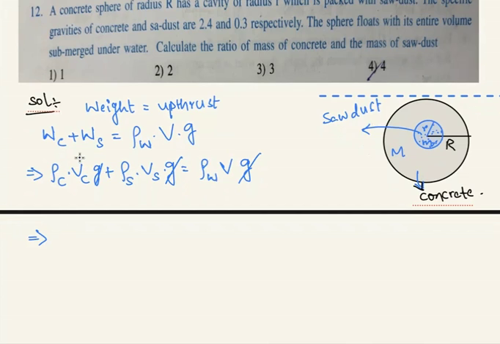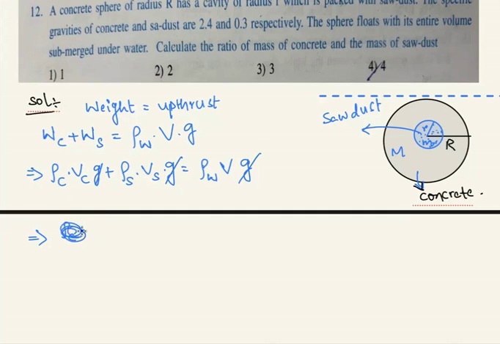Okay. కాబట్టి ఏం చేస్తున్నాం ఇక్కడ అంటే, if we want to take that as mass here, density of concrete into mass of concrete, I mean volume ని ఏమని రాయొచ్చు చూడండి. డెన్సిటీ ఆఫ్ sawdust ఆల్రెడీ ఇచ్చాడు కదా. Density of concrete is 2.4, density of sawdust is 0.3 respectively.